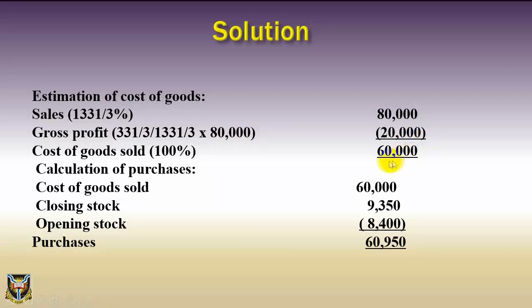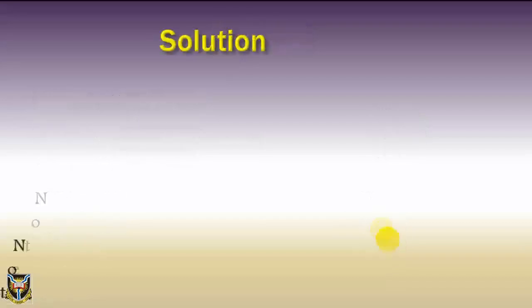Cost of goods sold 100%, 60,000. Calculation of purchases. Cost of goods sold 60,000. Closing stock 9,350. Opening stock 8,400. Purchases 60,950.